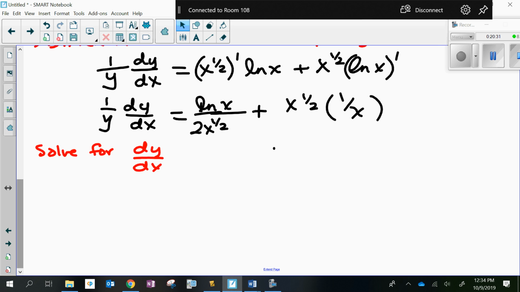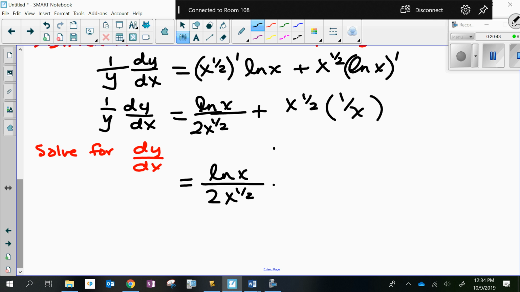The only dy dx I got here is on the left. Let's clean this up a little bit over here. Nothing's going to happen to this part. This we can simplify, since both are powers of x, or even x to the 1/2.